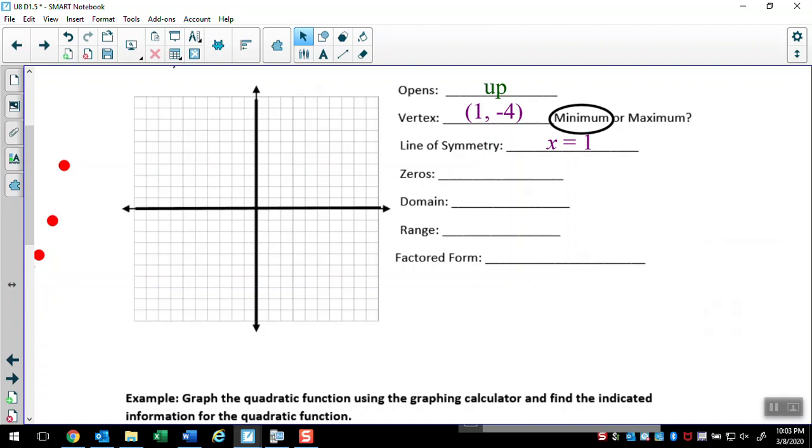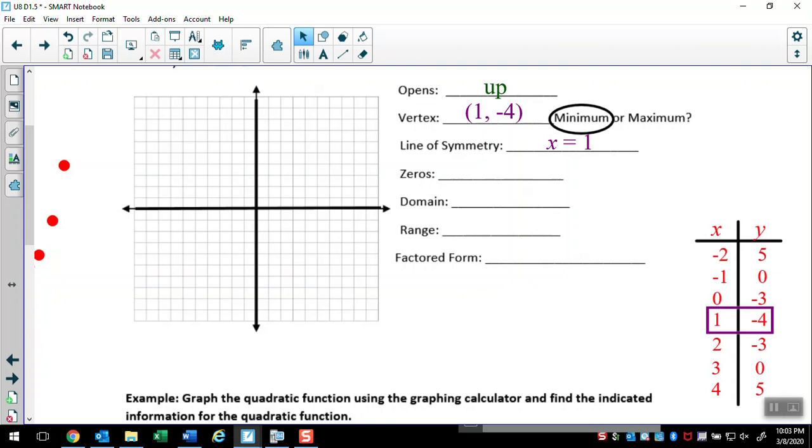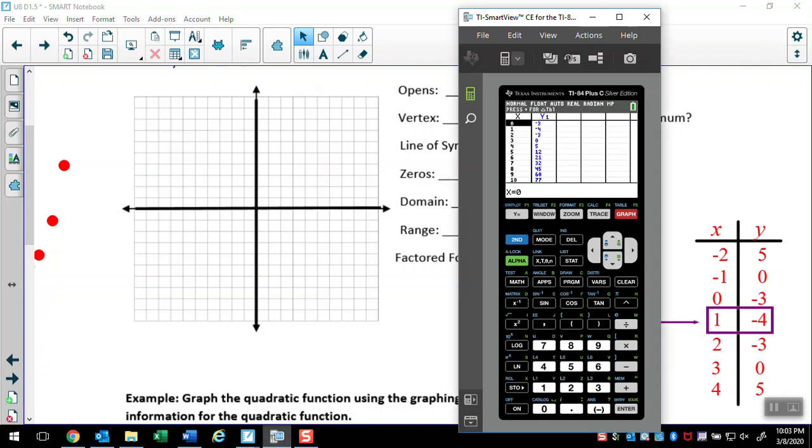I'm going to make a table here. And the first thing I'm going to put in is that vertex. So my vertex, well, actually here's all of the points, was right here, that 1, negative 4. So when I go to the table in the calculator, I can find that vertex. So there's my 1, negative 4.